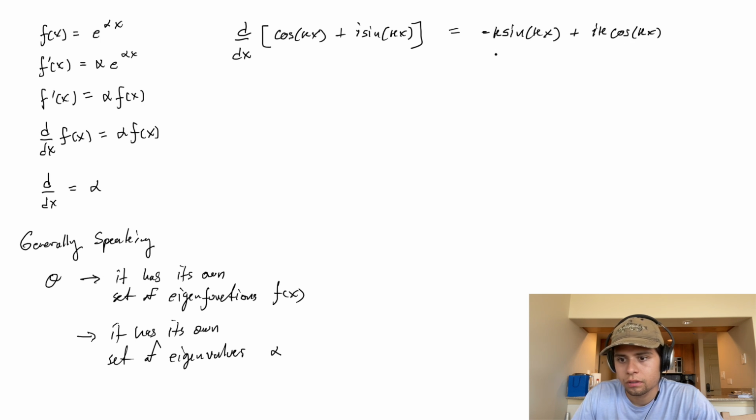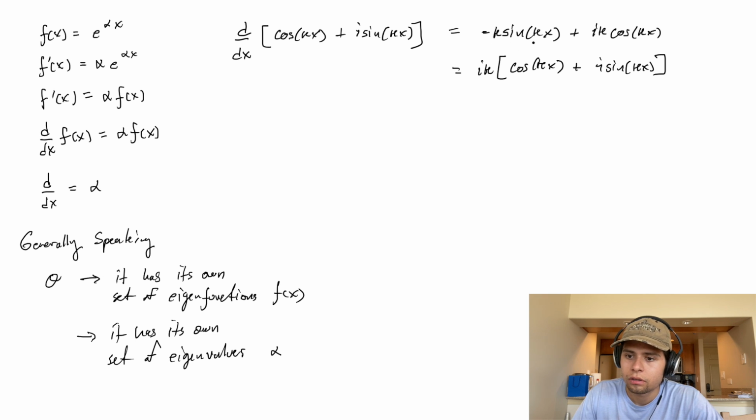And so what we can do now is take out ik, and what that leaves us with is cosine kx plus i sine kx, like that.